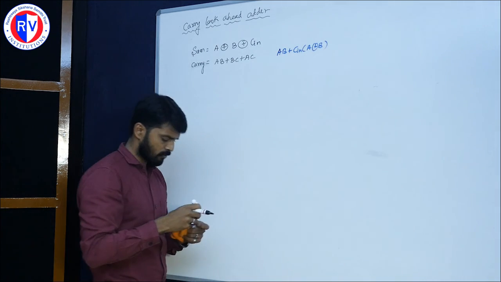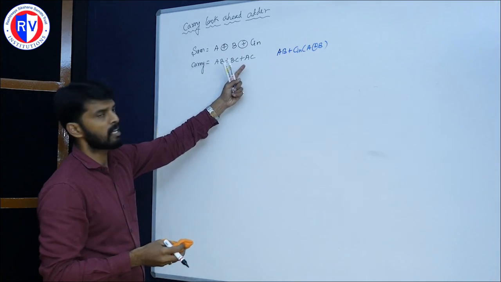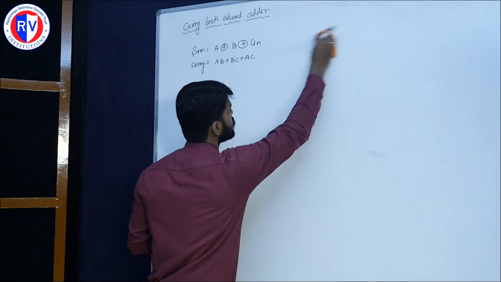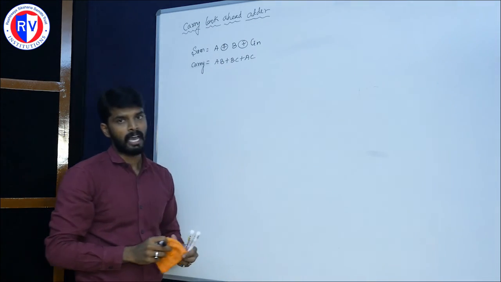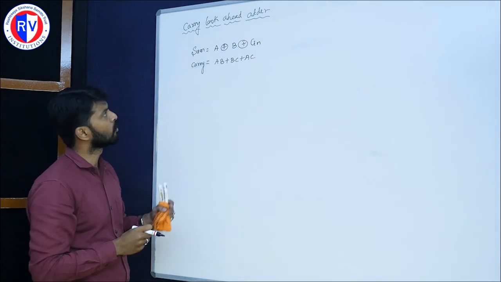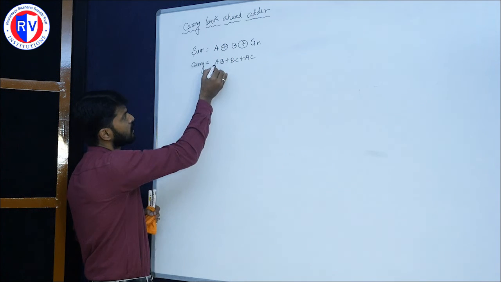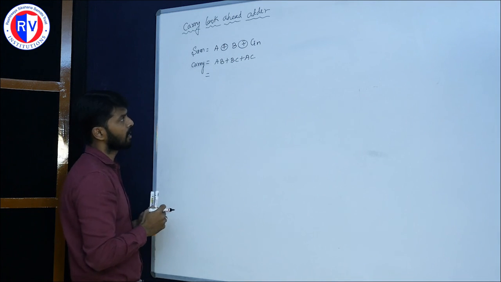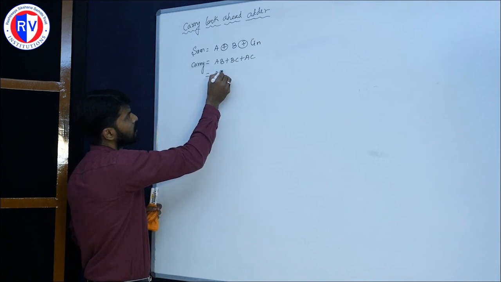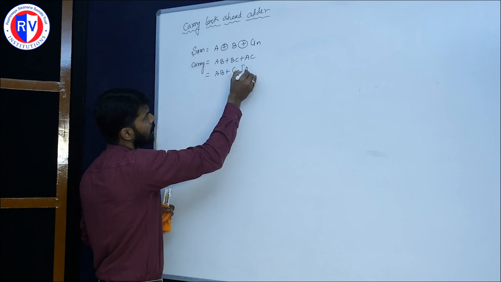This also we have seen. But for this, I am using the carry equal to AB plus BC plus AC. This is the original 1-bit adder carry equation. We need to do some modification to this equation, only then can we design the carry lookahead adder. So I am modifying this carry into AB plus C(A plus B), taking the C out.